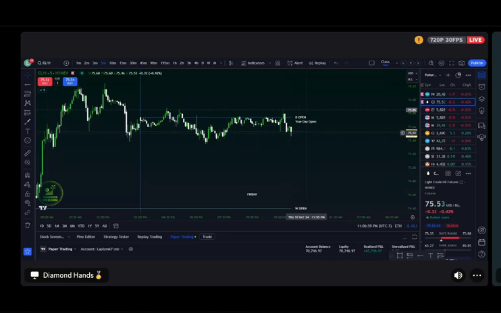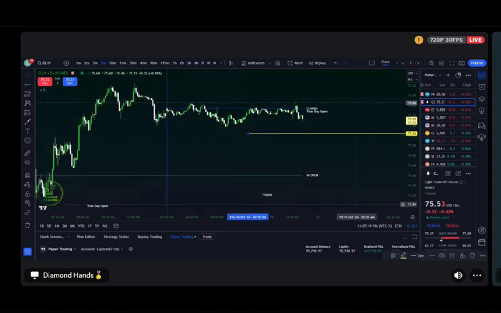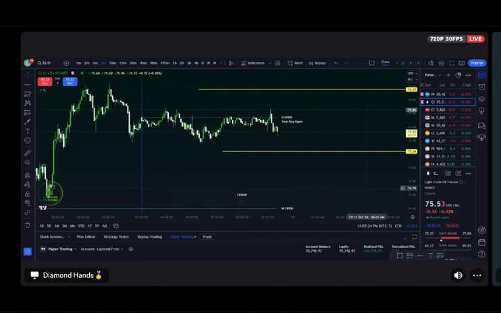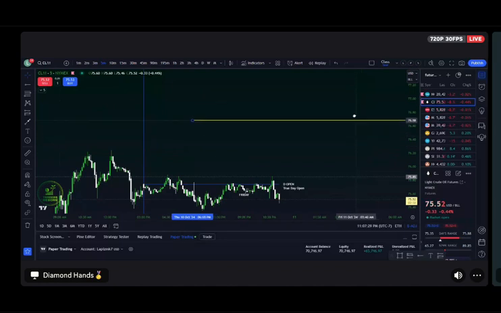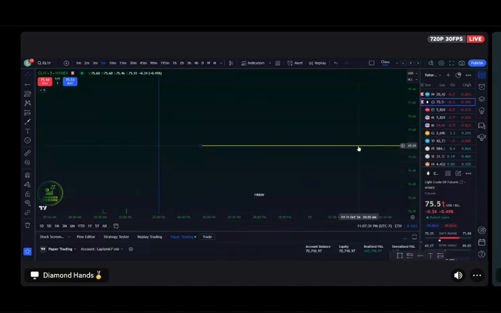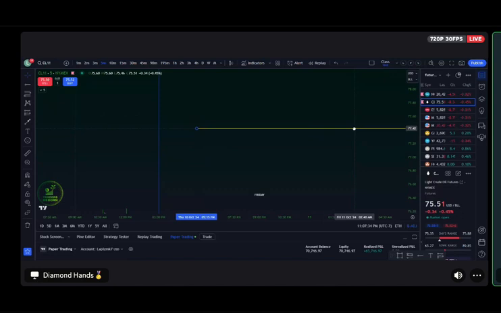So, Cuban, our stop loss, let me see. I think it's right here. And our TP, what did I say? 7749?